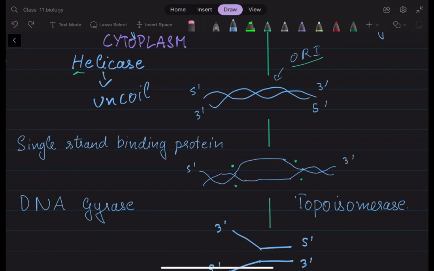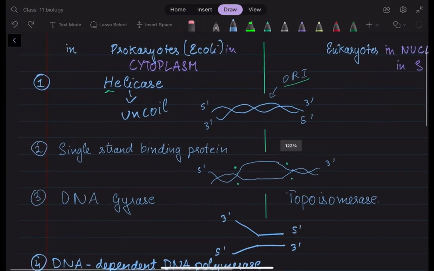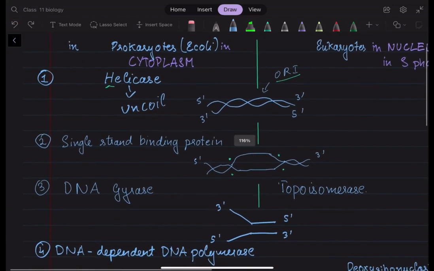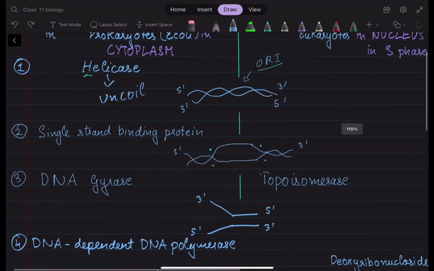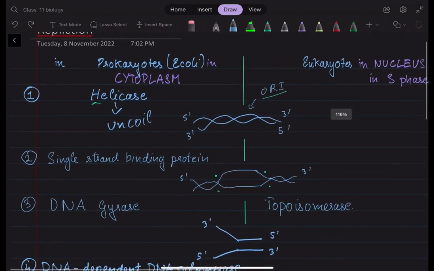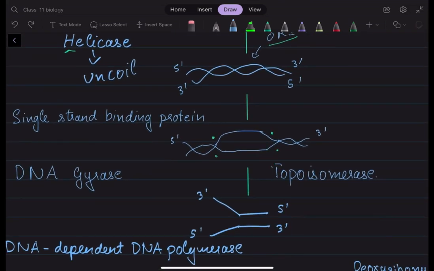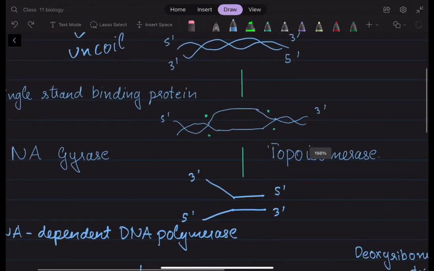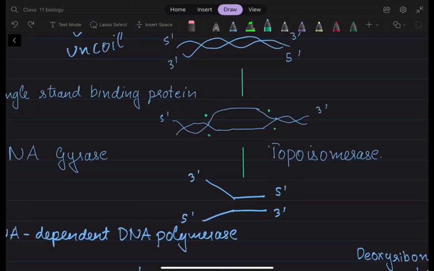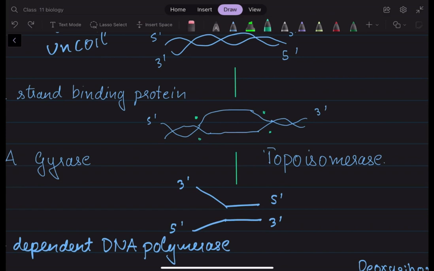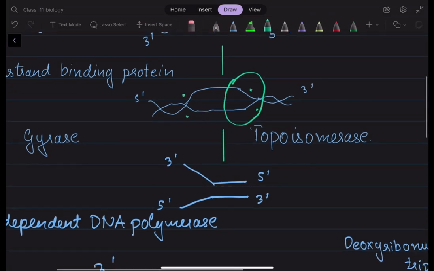To avoid that, we have DNA gyrase in prokaryotes and topoisomerase in eukaryotes. They prevent the supercoiling of the other ends of the DNA. Focusing on this part, the opening is called the replication fork.